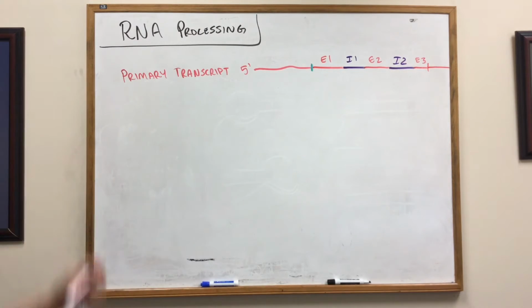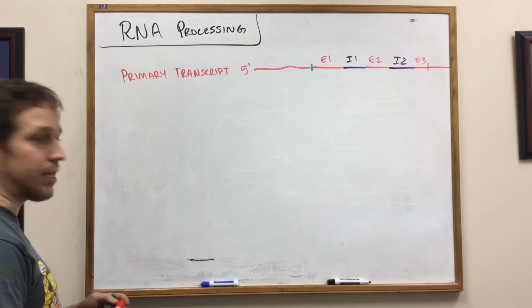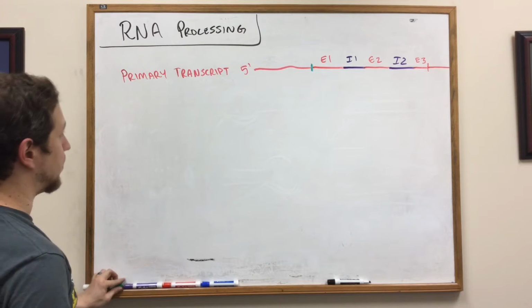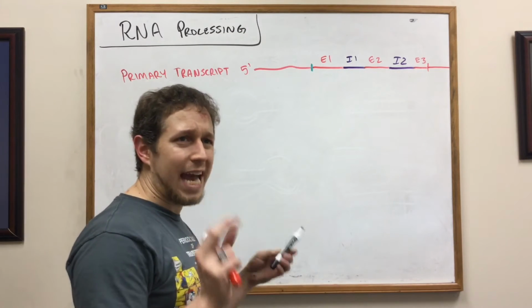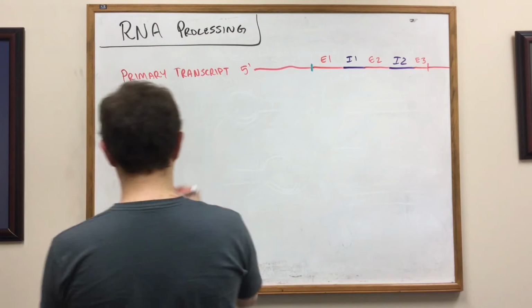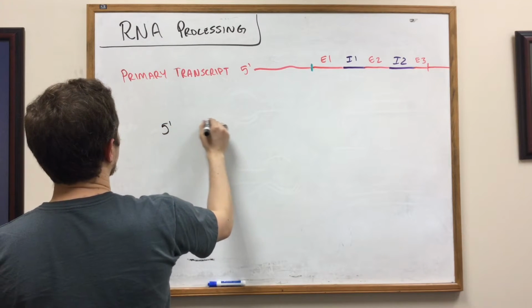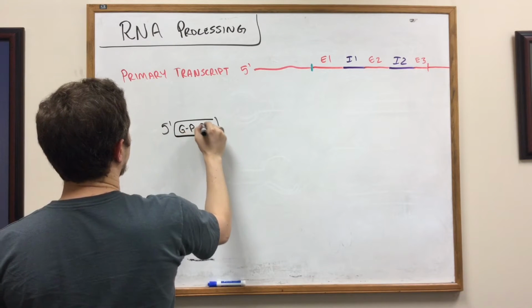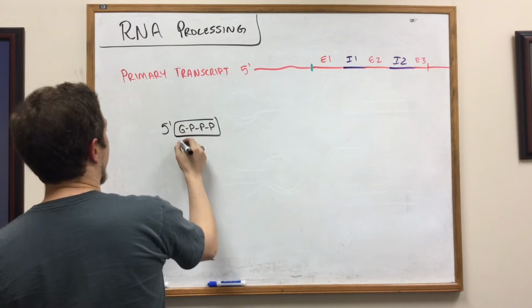Now there's several different things that have to happen with this primary transcript before we're ready to move into the cytoplasm and begin translation. The first thing that's going to happen is we're actually going to take this primary transcript and we're going to attach things to the two ends. So on the 5' end of this transcript, we're going to attach a modified guanine, 3 phosphates, that's called a 5' cap.